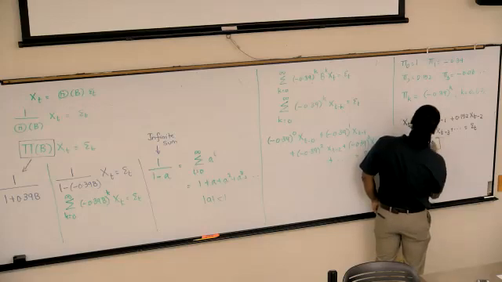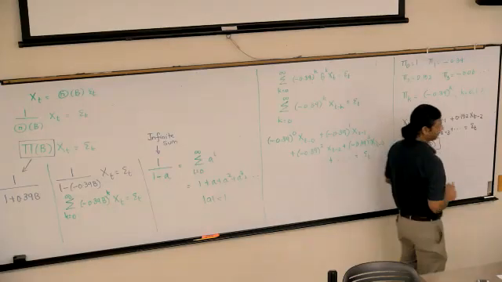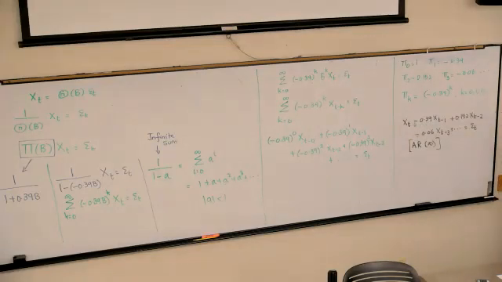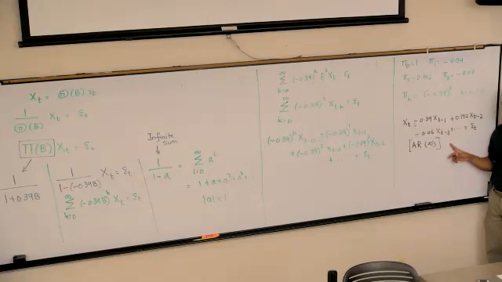Well, let's see if we can answer it since it was brought up. What is an AR0? What is an MA0? Let's take this expression. Order 0 would mean none of the other terms should occur. You can only have Xt.